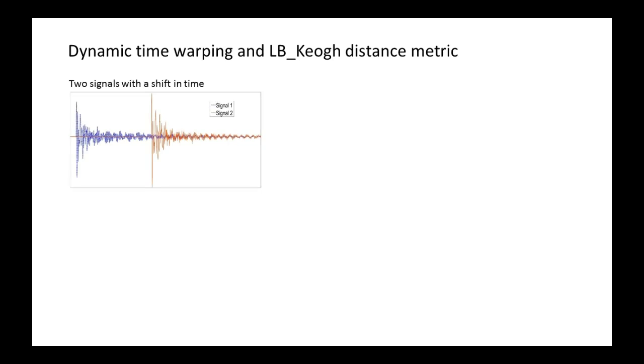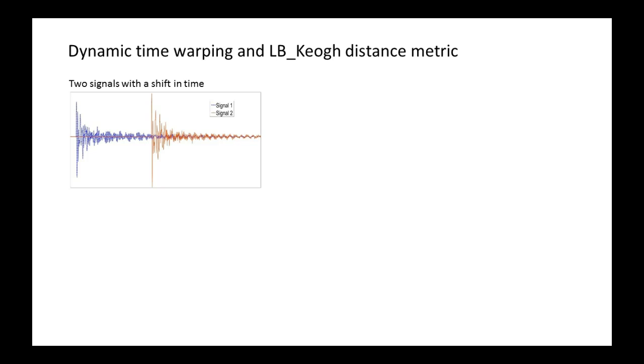Before applying the KL distance measure, we applied dynamic time warping to remove the delay between time signals, because in our lab we use an impact hammer to excite the structure, and you cannot control the time of hitting, the time of applying the force.